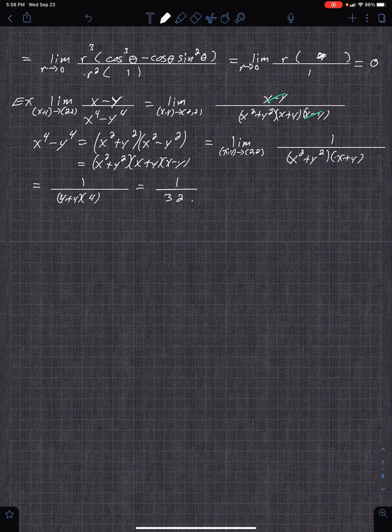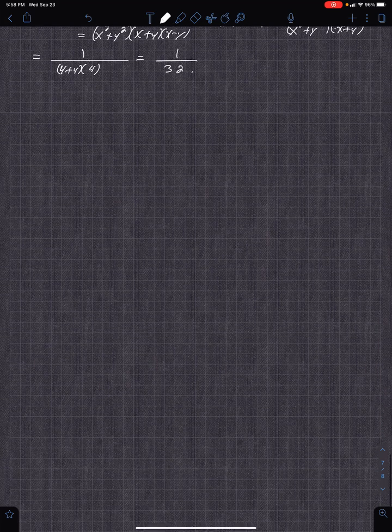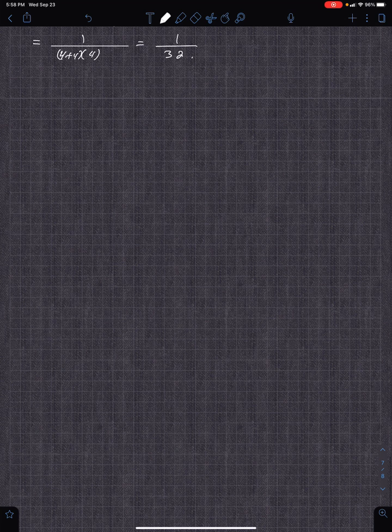So this is the case where, depending on how you're approaching the limit, you might get different values. This is kind of analogous to something like this.